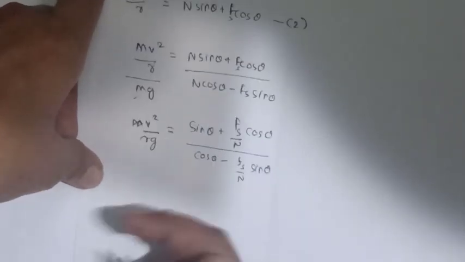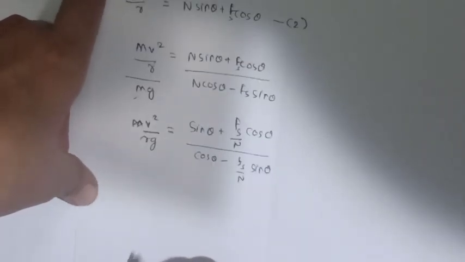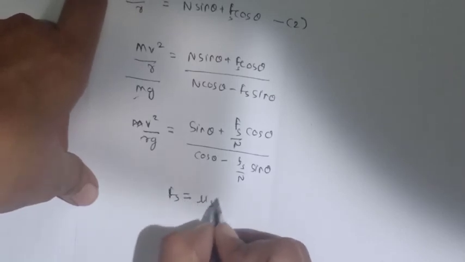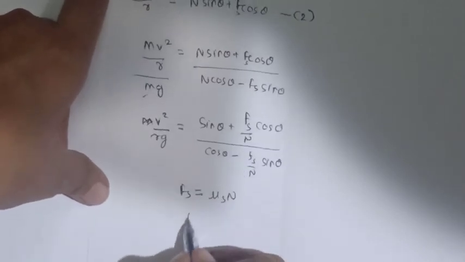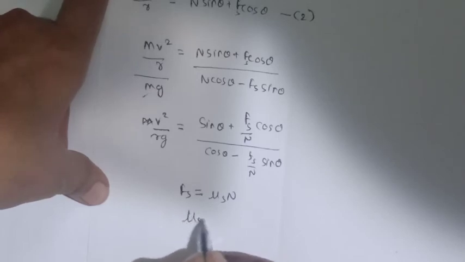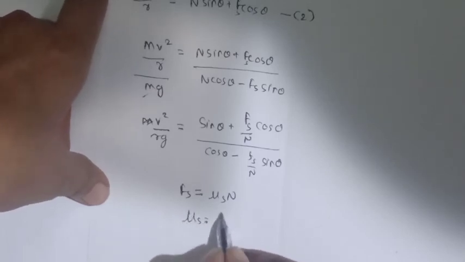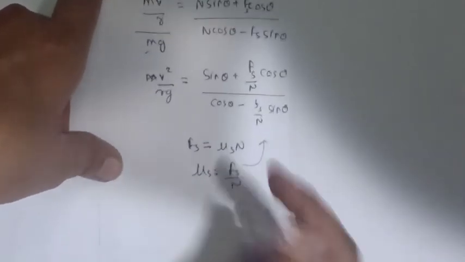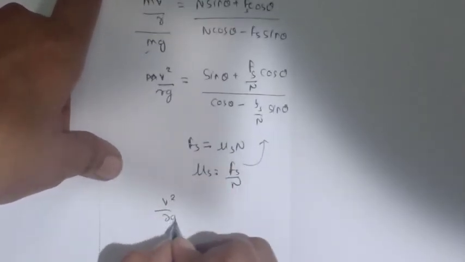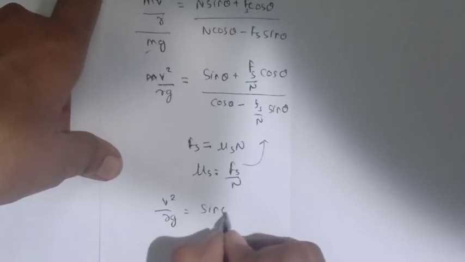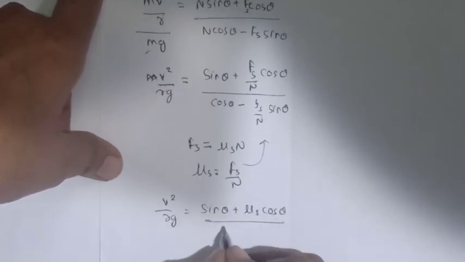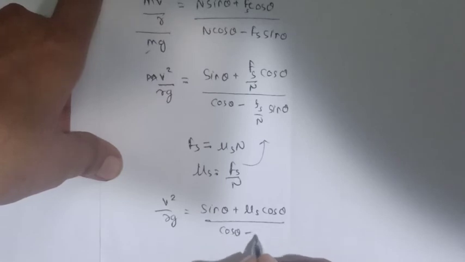So for maximum possible speed, fs will be equal to mu s N. So from this equation you will get mu s equals fs by N. When you substitute in this equation, you will get v square by rg equals sin theta plus mu s cos theta divided by cos theta minus mu s sin theta.